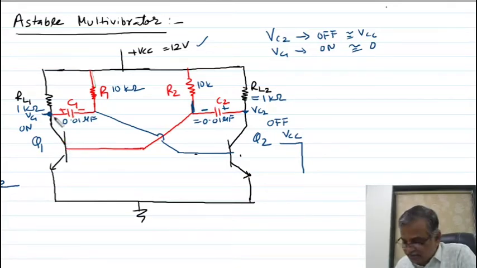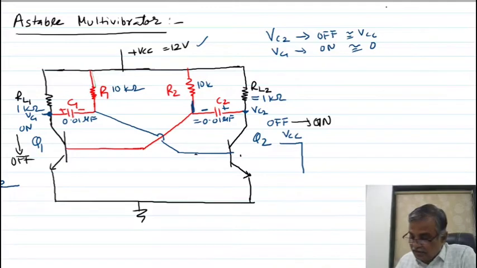As a result, VC1 is VCC. As negative voltage is coming to this, it is in an off condition. This comes in which condition? Off condition. And this comes in which condition? On condition.